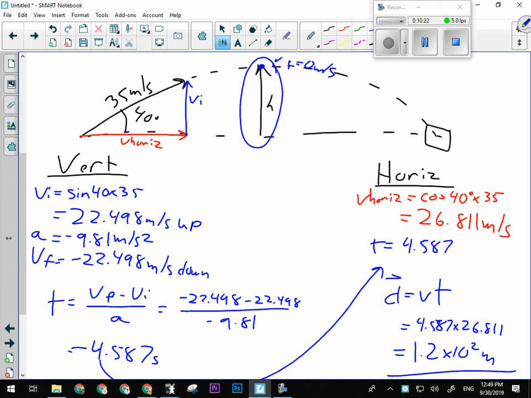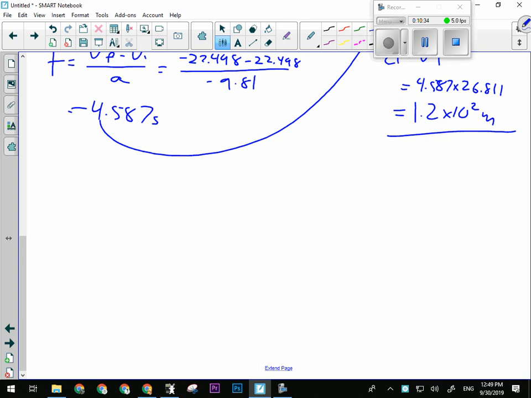So now I know VI, I know A, and I know VF is 0, and I'm looking for D. So the formula I would use for that would be this one. VF squared equals VI squared plus 2AD. I could do another step and find, I could divide the time by 2 and use a formula that would get me the same thing, as long as I remember to divide the time by 2. And so I'm looking for D, so I'm going to subtract VI over.